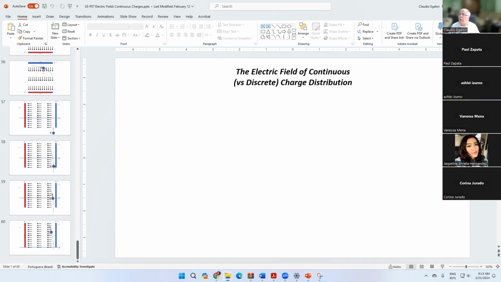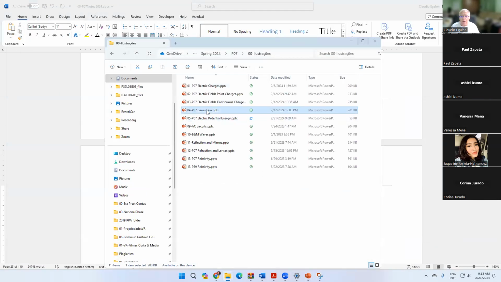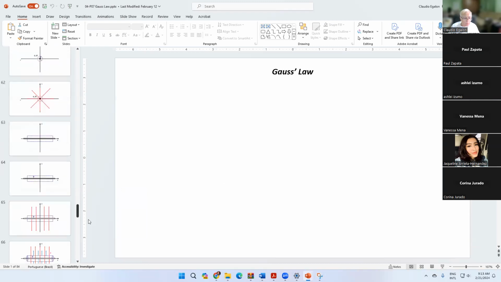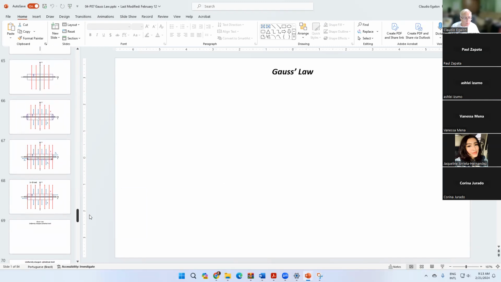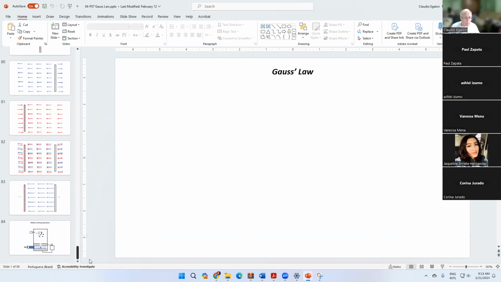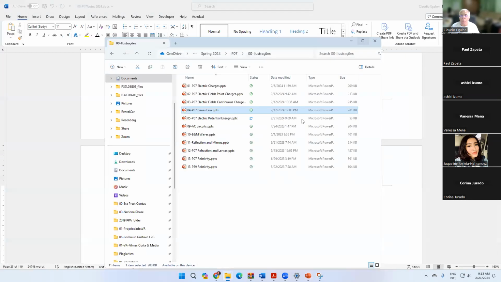No, not this one either. Let's try this one here. Nope. Yeah, unfortunately, it doesn't look like I have it, but I'll have to do that from scratch, okay?